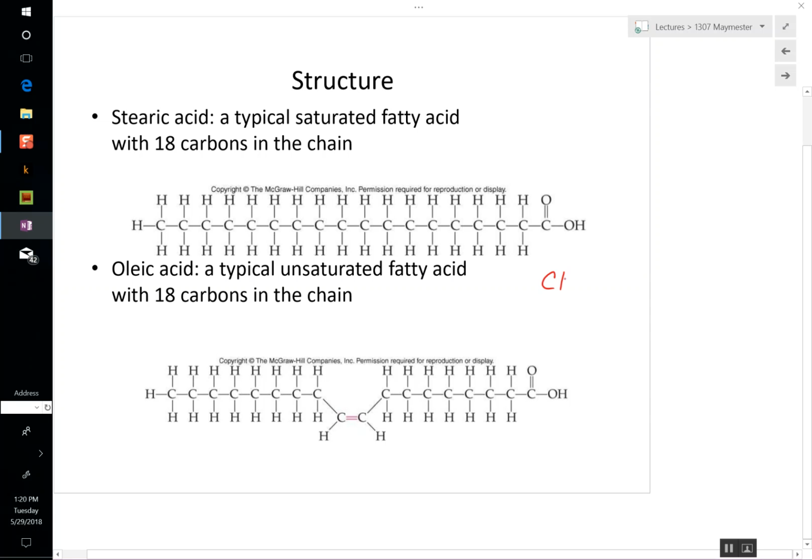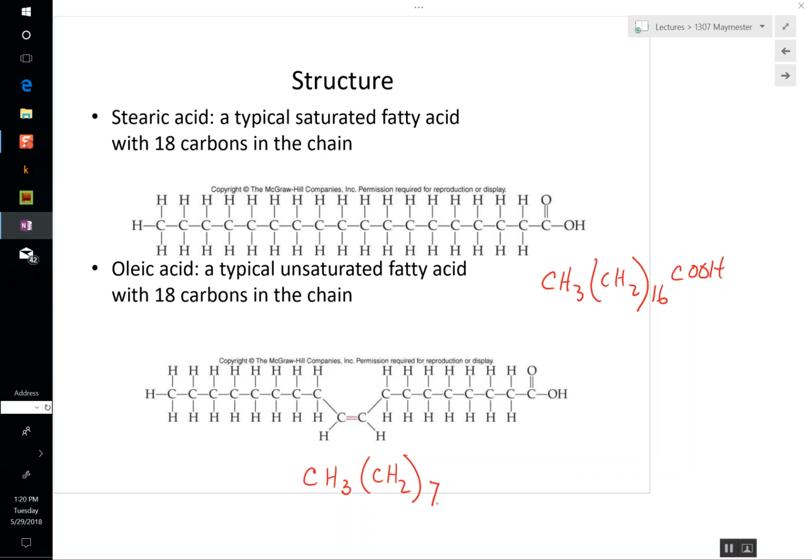You know, you could draw this one as CH3, CH2 16, COOH, whereas this one is CH3, CH2 7. Just keep in mind that that double bond is right in the middle of that chain. It's not just anywhere. It's right in the middle.